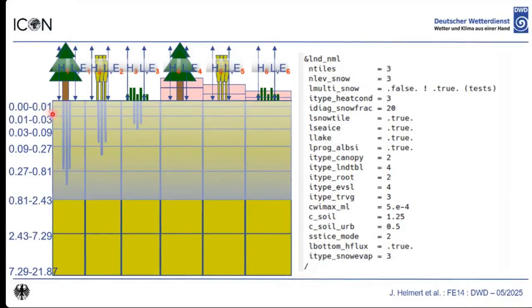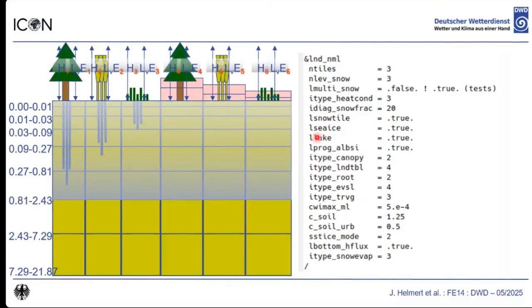Here the numbers are in meters. So the top layer is 1 centimeter deep, and the next one is 2 and 6 and so forth and so forth. And you see the roots, the root depth here of the different vegetation. So the trees have deeper roots and the grass has less deep roots. The other 3 tiles are potential snow tiles. So when there's snow, then you see these rosa colored boxes. This would be that there are some dynamic snow tiles. So a snow cover can be there or not.